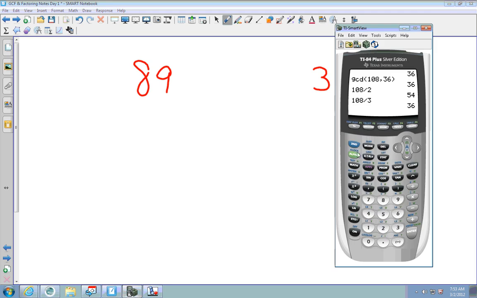Math, arrow over to Number, go to GCD, 89, comma, oh, well, I did the wrong one. Hold on, let's try again. Math, arrow over, 89, comma, 36, enter. The GCD, the GCF, is 1.